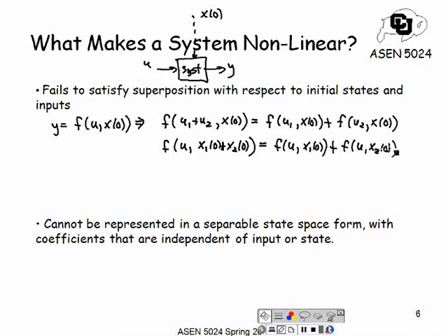Now, this is a little hard to test because this has to be true for all u1 and u2. So it has to be true for more than just any two you pick, but all pairs of inputs you pick. So to test this really is kind of difficult. It's hard to test all of them, particularly if you have something you're just empirically playing with.